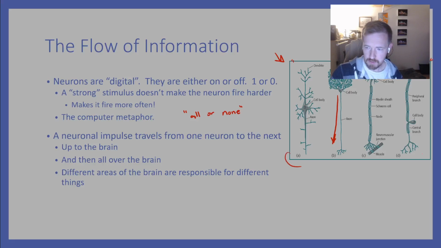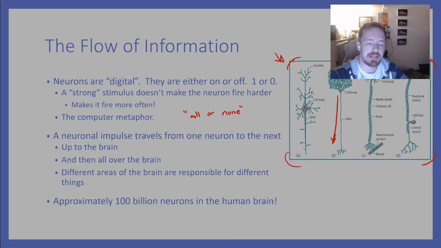Here you see just a selection of some types of neurons, but you can see they all have dendrites, a cell body, an axon, and terminal buttons. It just depends on where they are and how many they have. Like this one has a ton of dendrites. This one has terminal buttons that latch right onto a muscle, and so on.